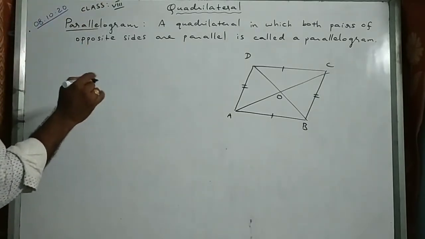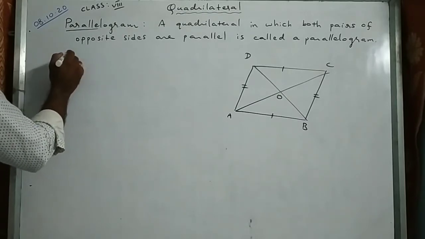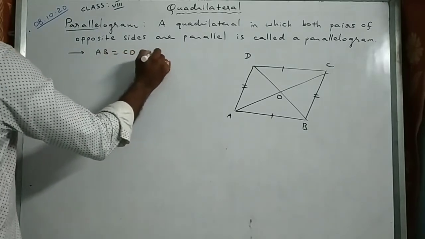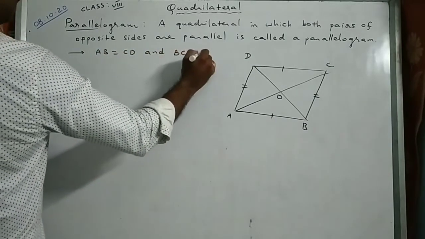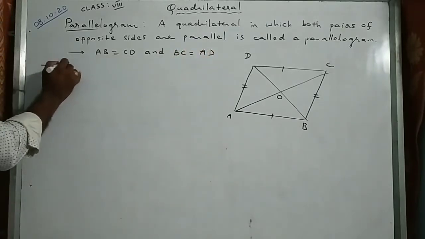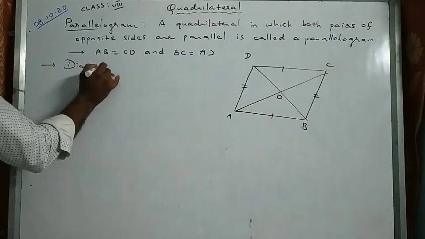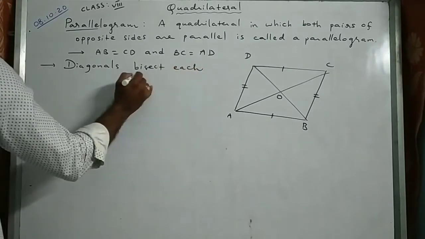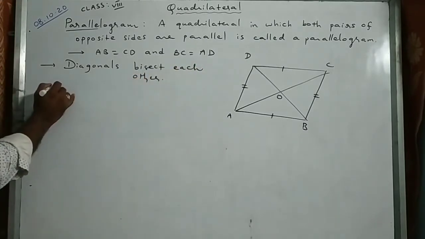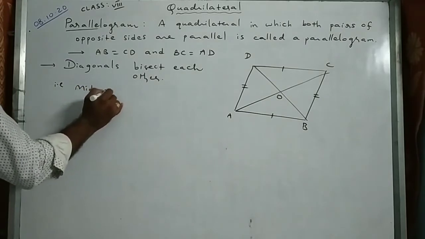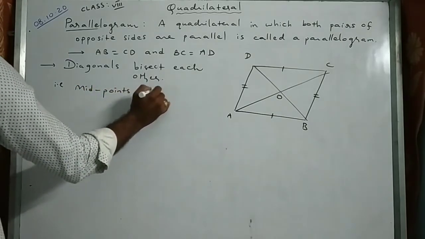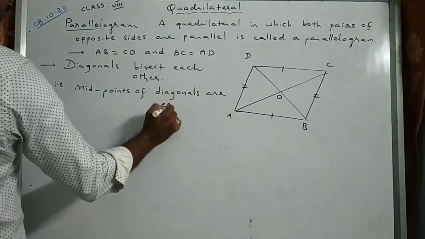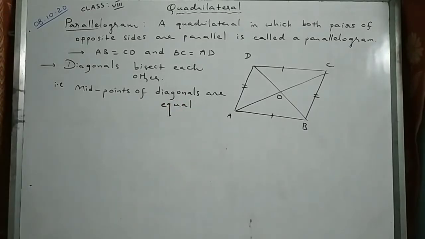Here opposite sides are parallel and also equal: AB equals CD and BC equals AD. Diagonals bisect each other, meaning the midpoints of the diagonals coincide.